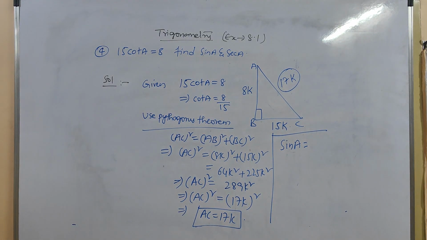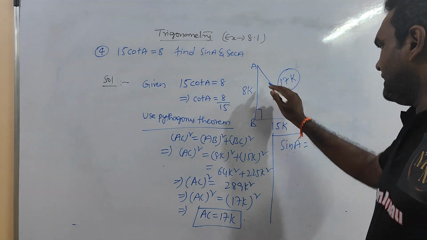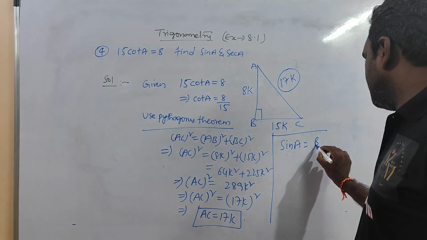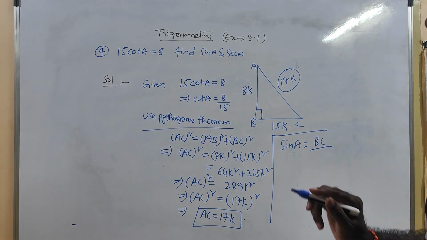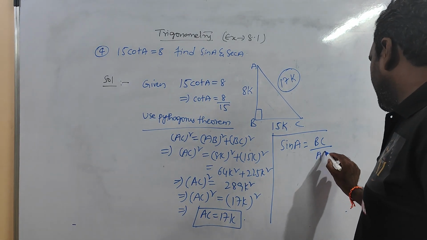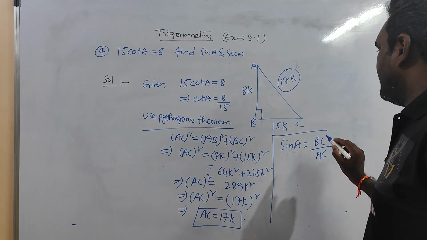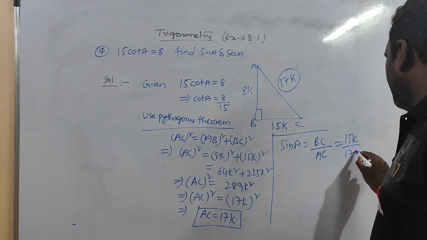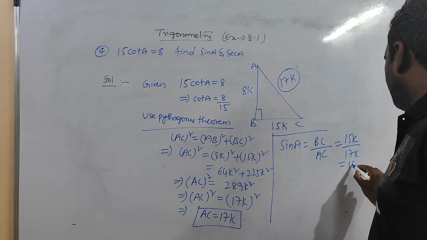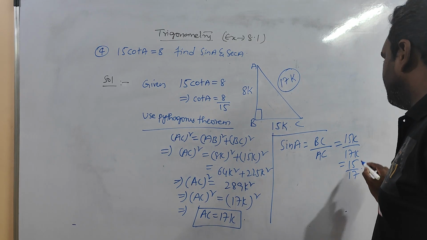Definition for sin is opposite by hypotenuse. Opposite for angle A is BC, by hypotenuse, which is fixed for a given right angle triangle, that is AC. So what will you get? BC is 15K by 17K. That will be 15 by 17.